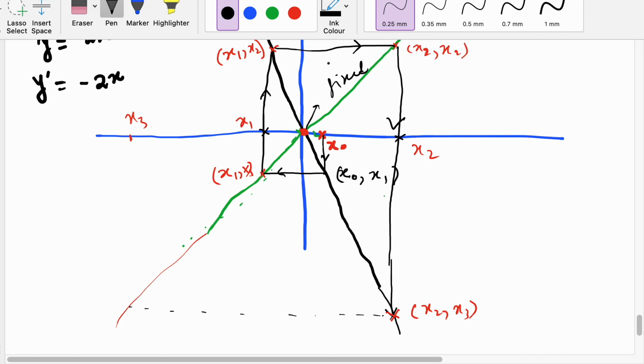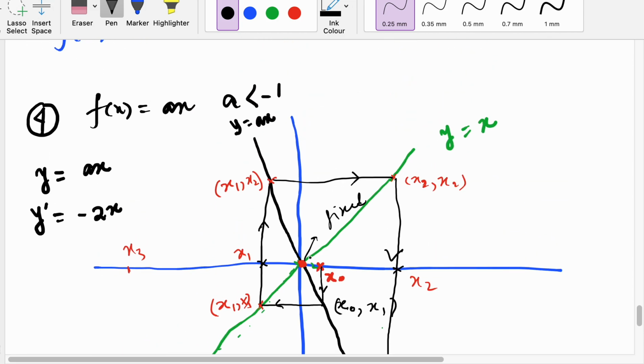That's how you can see that this fixed point is unstable, or you can say this is backward asymptotic to 0, but that's not the actual language we will use.